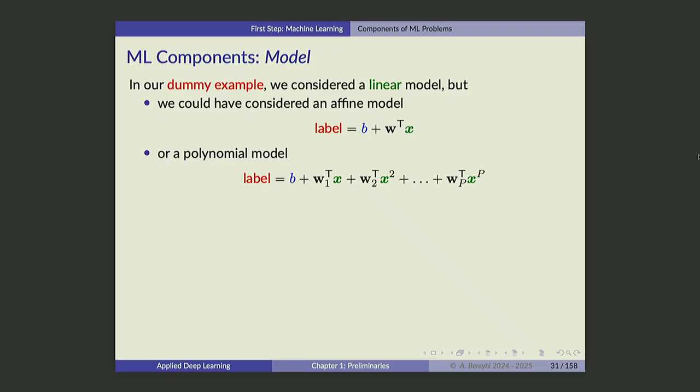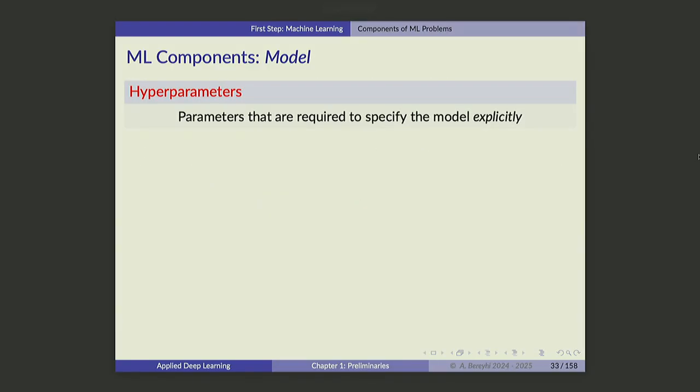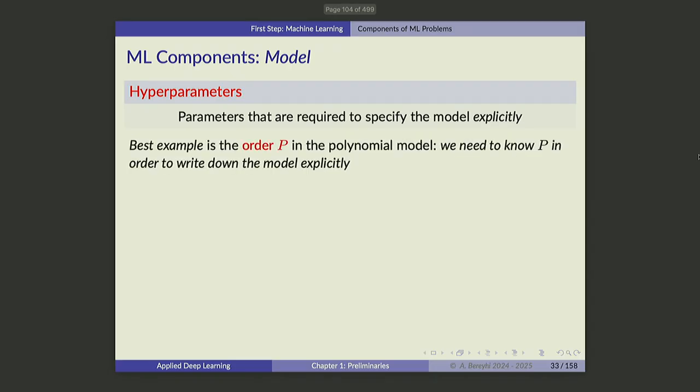If I want to just count the number of weights that I have, I do need to know P. You cannot leave P to be a free variable, right? Everybody's clear? So this is what we call a hyperparameter. I need to know exactly what P is in order to be able to write down this model. So P is a hyperparameter here, right?